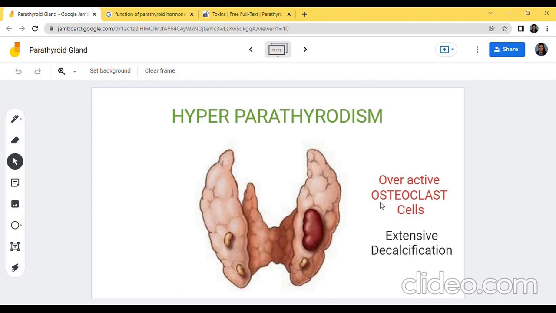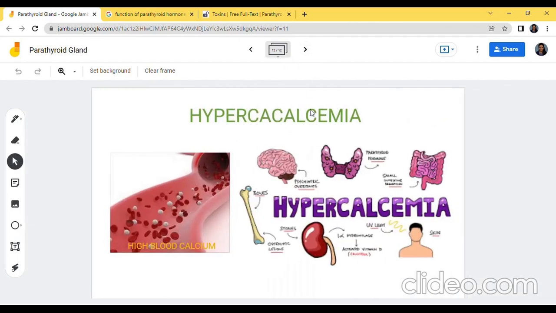Then the main condition is hypercalcemia. Next we will move on to the disease condition hypercalcemia. Hyper means over, calcemia means calcium level. So hypercalcemia means higher blood calcium level. We can observe the small molecules here, that is calcium.